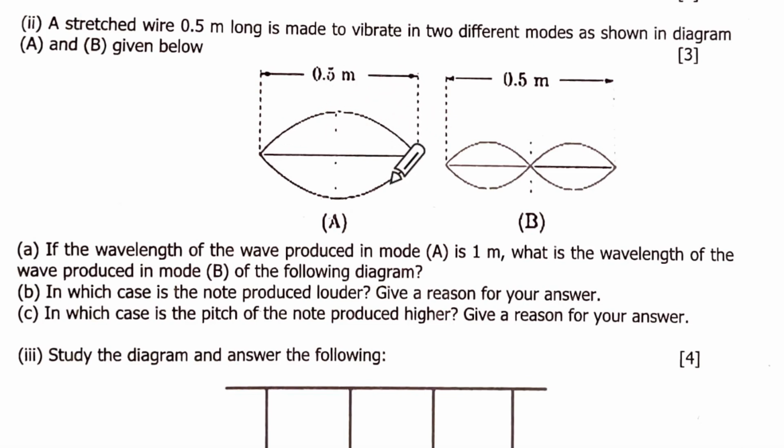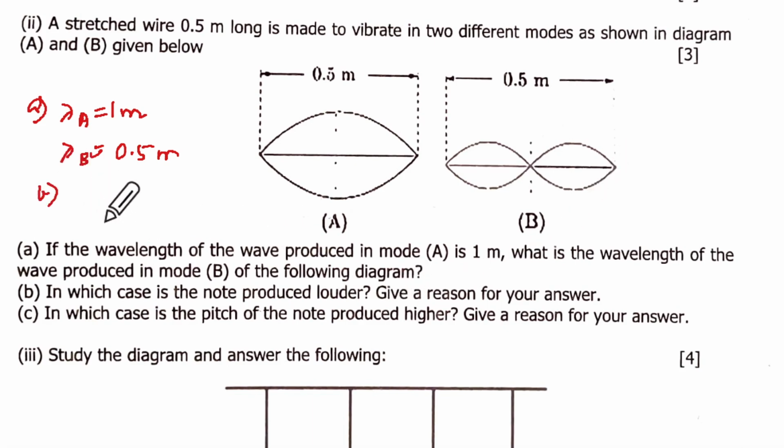Why did they mention 0.5? It means it is half a wave, right? So lambda A is equal to 1 meter, and this is one full wave, right?